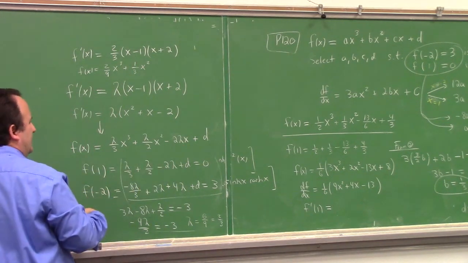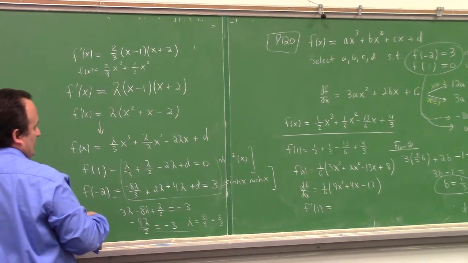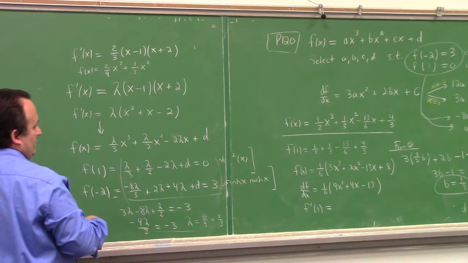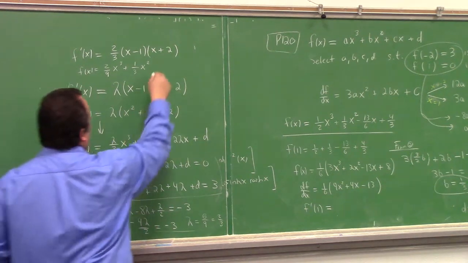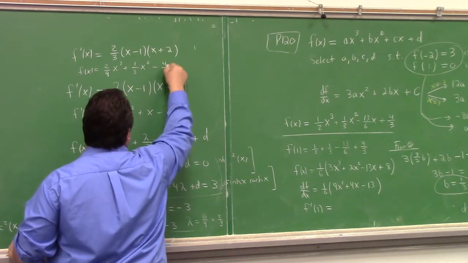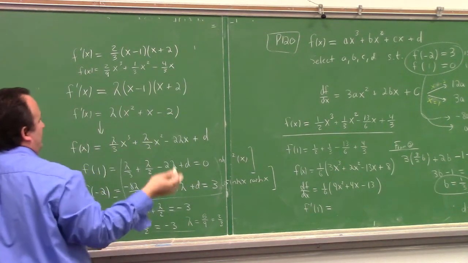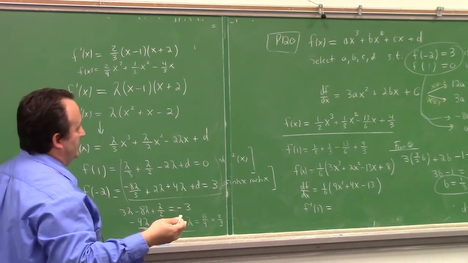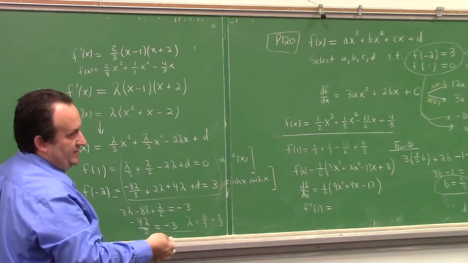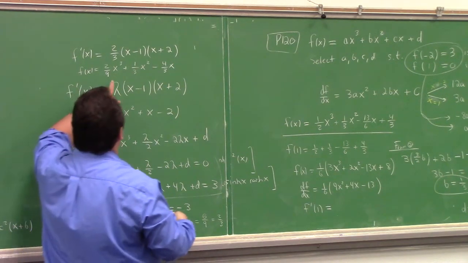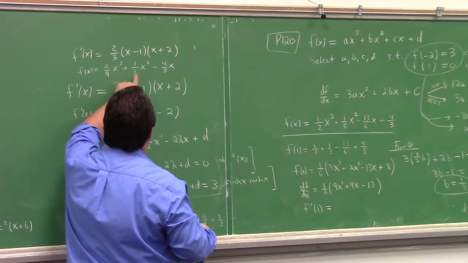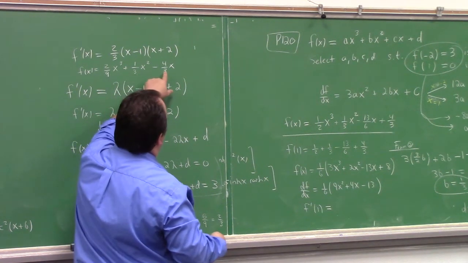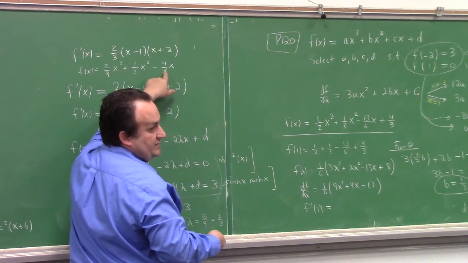Minus what, 2 lambda? Minus 4/3 x. And then plus d. What should d be equal to? When we plug in 1, we have to get 0, right? So if I plug in 1, I get 2/9 plus 1/3, which is 5/9, 5/9 minus 8/9, minus 3/9.